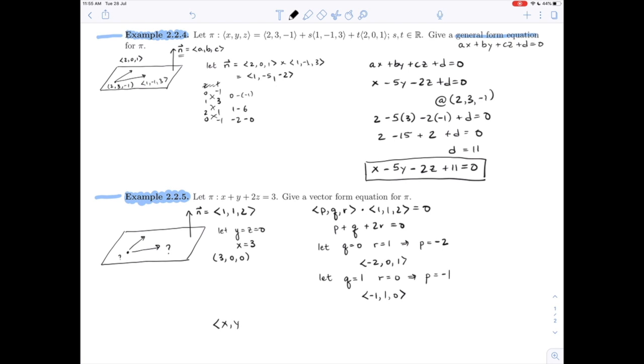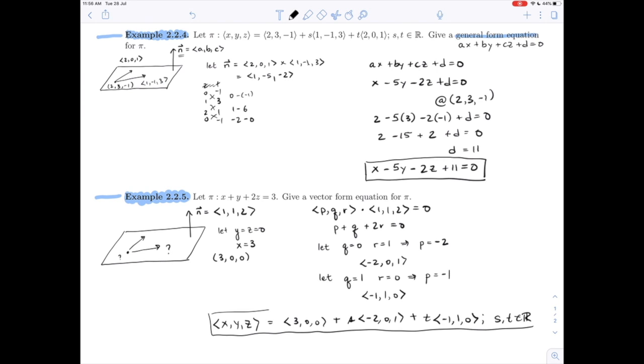The position vector (x, y, z) of any point in the plane can be written as the position vector of (3, 0, 0) plus some multiple of the first vector that we found plus another multiple of the second vector that we found for any s and t in R. And so there is one valid expression. There are many, many, many others, depending on the choices that one makes to find points and vectors. But there is one valid expression of the vector form equation for our plane pi.